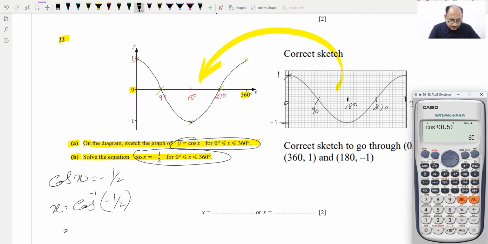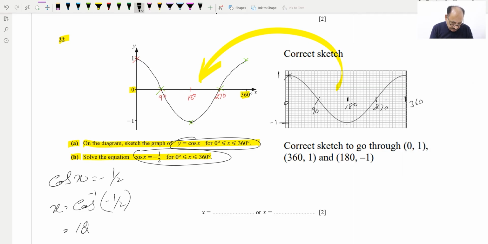So 60 degrees, we are taking this one basically. So how will we get this? From the negative side, they are saying cos is equal to -1/2. We have taken plus, that's why we are getting this. So it will be 120 degree, yes. So 120 degree is the principal angle.